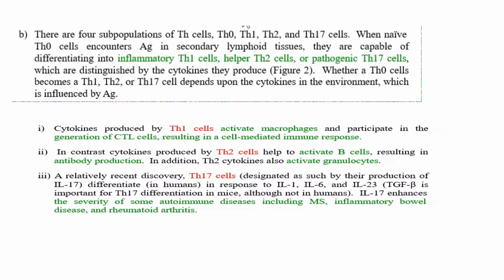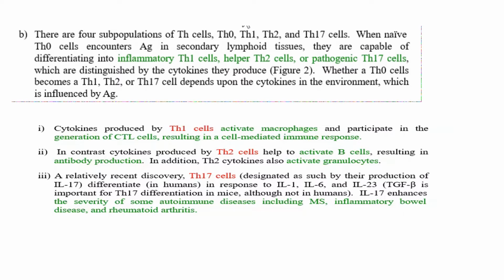When naive T helper cells encounter an antigen in secondary lymphoid tissue, they are capable of differentiation into either inflammatory T helper 1 cells, or T helper 2 cells, or pathogenic or regulatory T helper 17 cells.